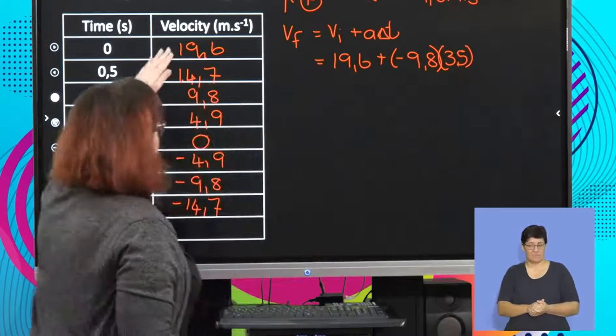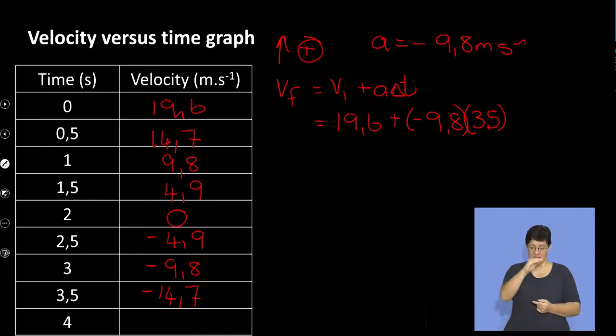So what do we think is the very final velocity going to be? If we look at the trends, it went 19.6, 14.7, 9.8, 4.9, 0. Then it started again, minus 4.9, minus 9.8, minus 14.7. So I'm going to make a prediction, and I think that this final one is going to be minus 19.6. Let's just check, though, because you never know.